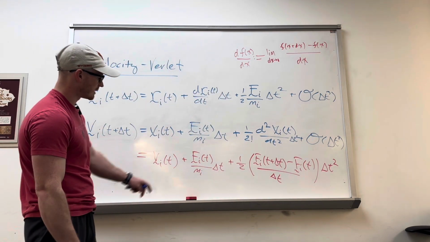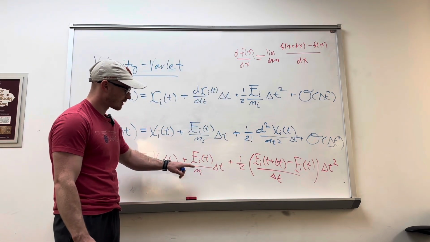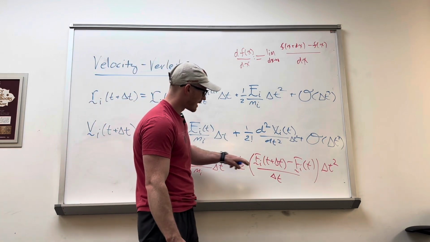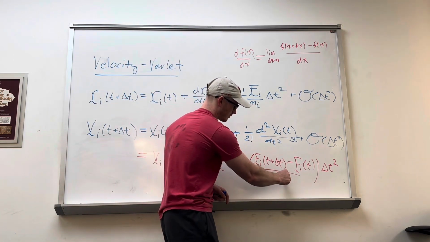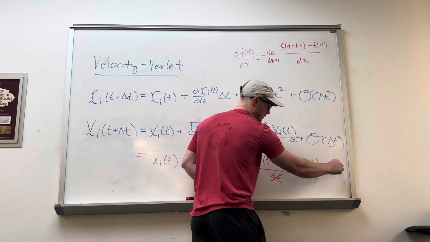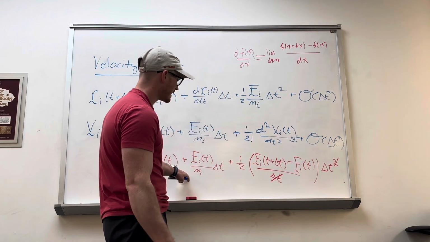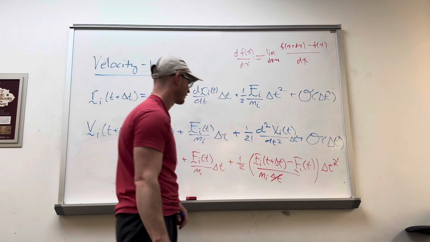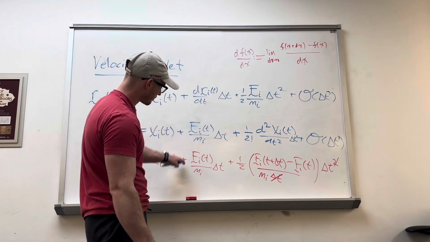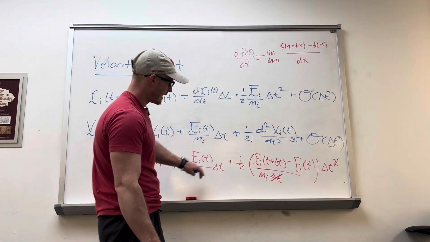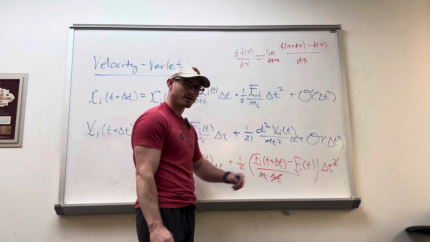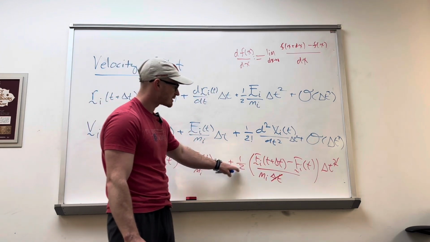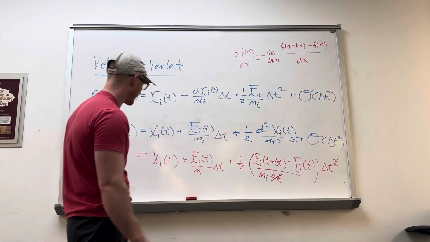Now notice this is fi of t over m, and then we have a minus, and there's an m here. So we have a plus fi of t over m and a minus 1/2 fi of t over m, and then a plus fi of t plus delta t over m.